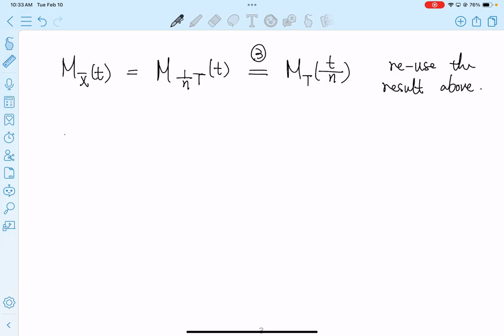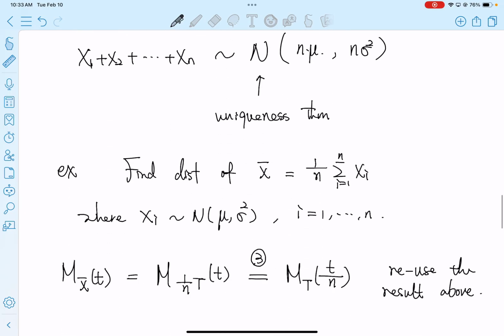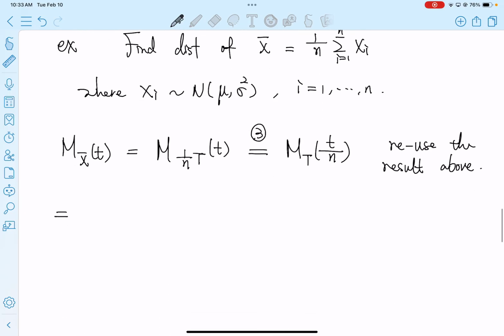So the moment generating function for t takes this form. So this is the moment generating function of the sum. But now we have a factor of 1 over n to take care of.